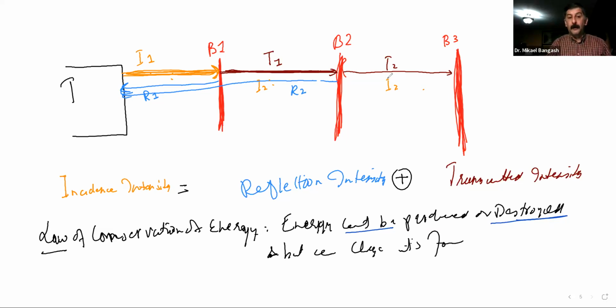But what is going to be the difference between incidence 1 and incidence 2, or incidence 1 and transmission 1? It is going to be the amount of energy that was reflected. Did you guys get that?